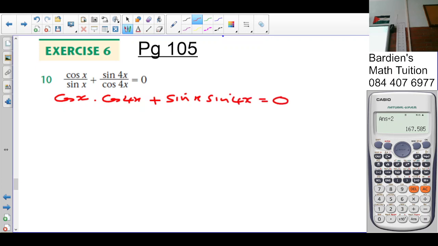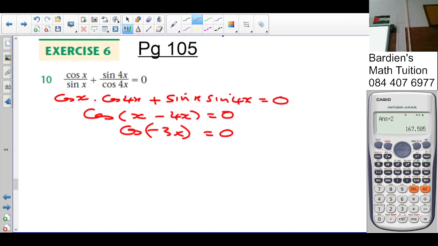Which rule is coming into play here? The cos double angle, not so? So that's going to be cos of x minus 4x equals 0. This is because negative 3x equals 0. Which quadrant is negative 3x in? Quadrant 4. Is cos positive or negative in quadrant 4? Positive. So it's just cos of 3x.